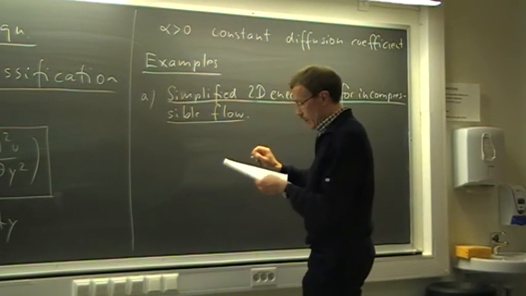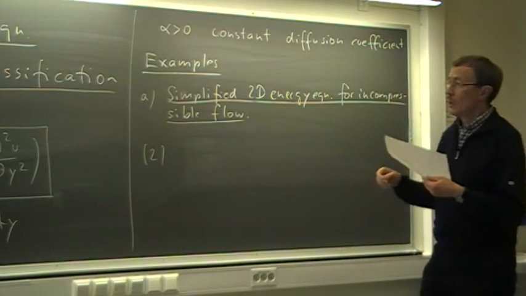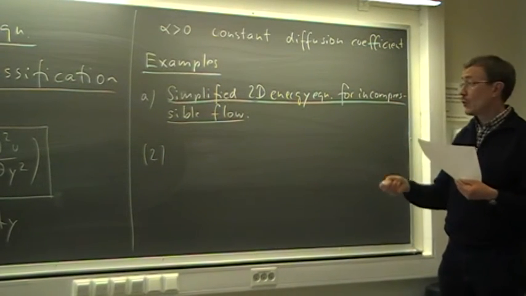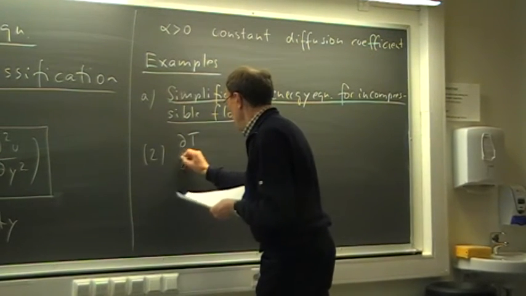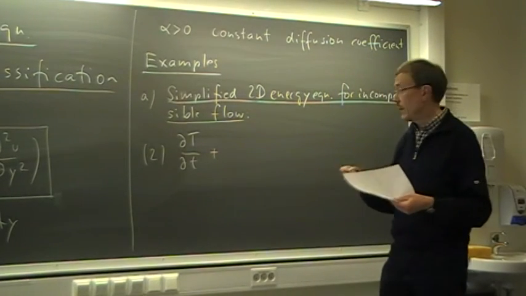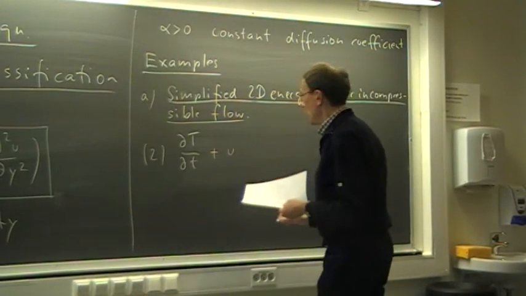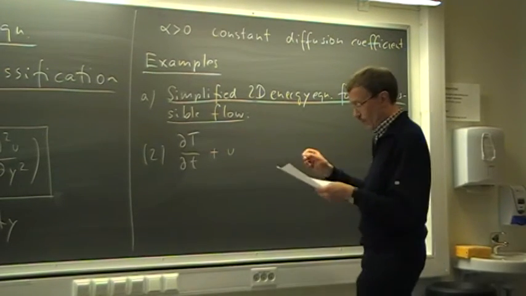And that we can write in the following way. Then the advected and diffused quantity u is temperature. So we have the time derivative of temperature, and then the velocity is actually the velocity that we have in our flow problem, and that might not be constant, but it is given.